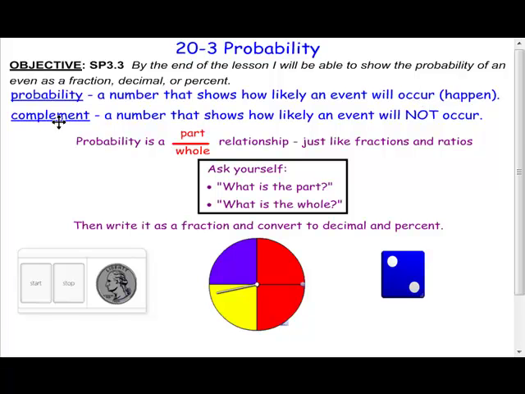The complement, remember complementary? A complement is a number that shows how likely an event will not occur. And the reason why we say that is complementary, because when we have two angles that add up, and actually I'm showing you a supplementary angle, but a complementary angle is two angles that add up to 90 degrees.